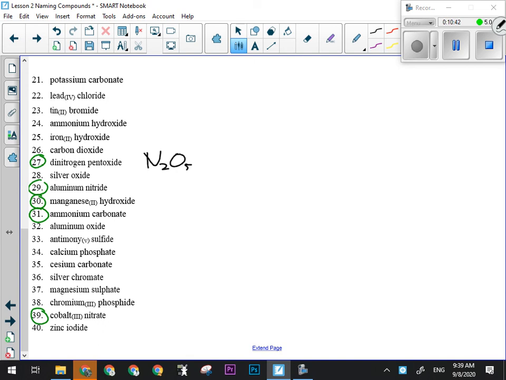All right, for aluminum nitride, so we have ionic or molecular there? It's ionic. Okay, so Al, and the charge on aluminum is 3 plus. Okay, and nitrogen, charge on nitrogen is 3 minus.